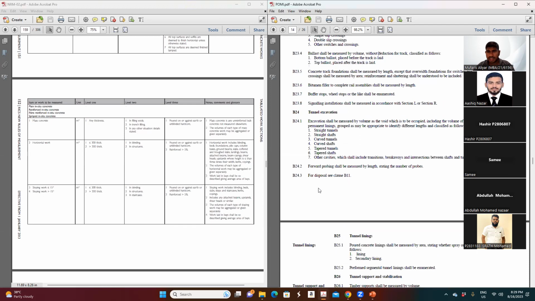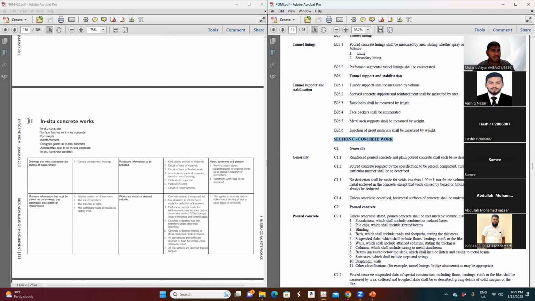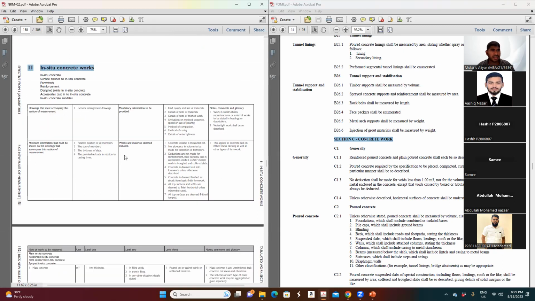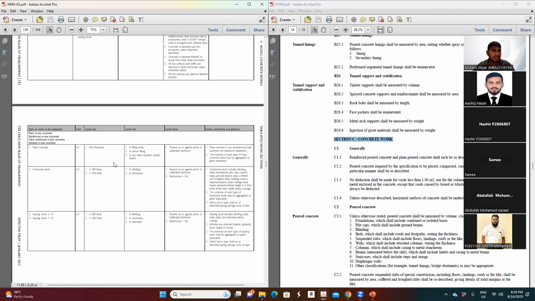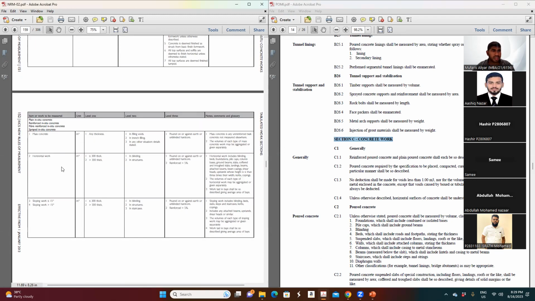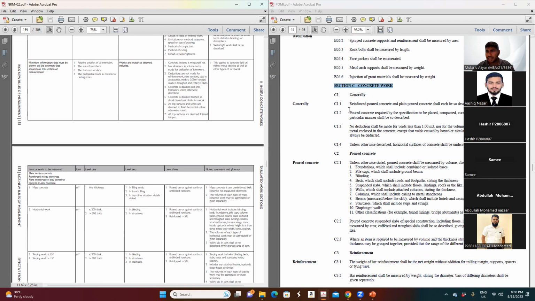Let's see, concrete starts here, with B and then C. Here concrete is number 11. What is mentioned about the concrete here?